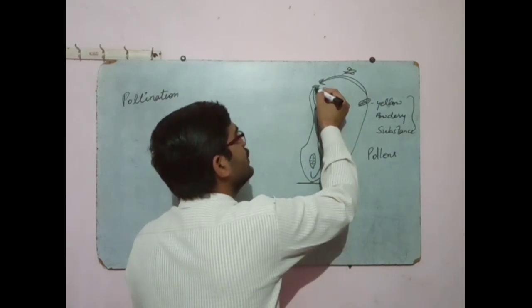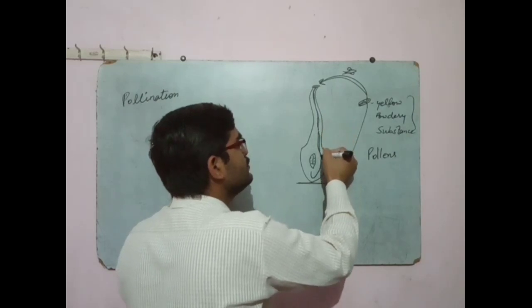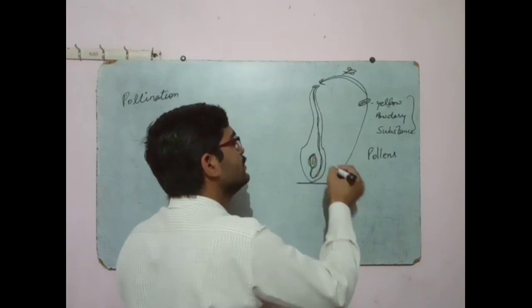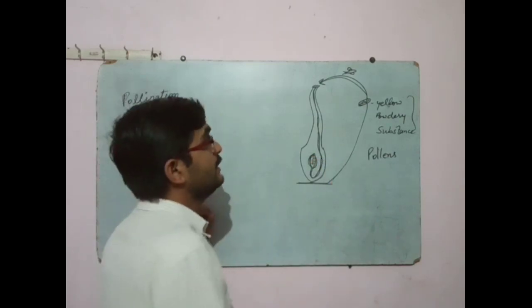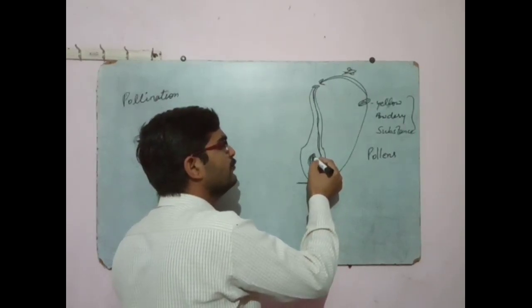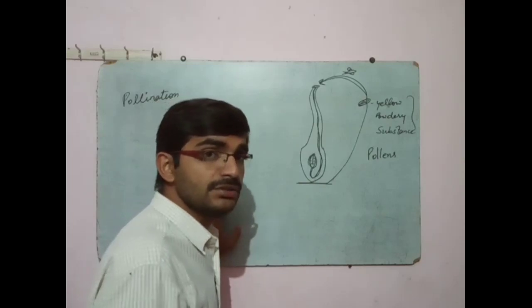These pollen grains come with this tube, and get fused with the ovules.